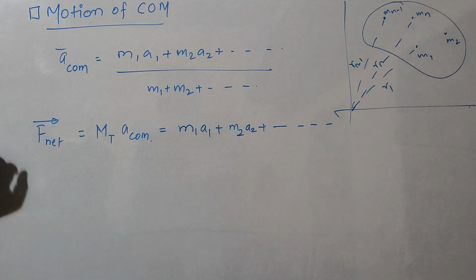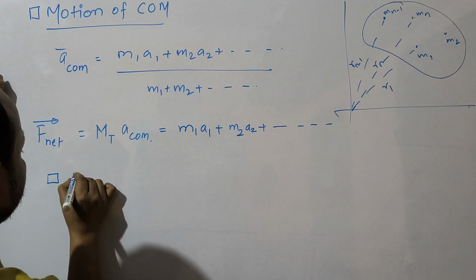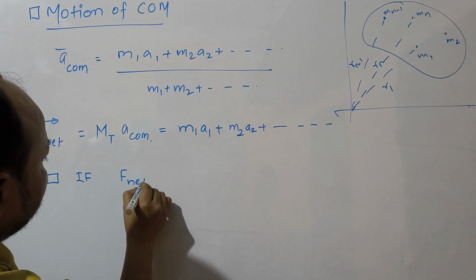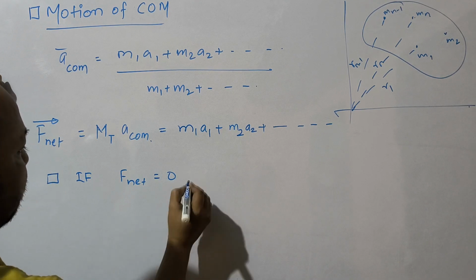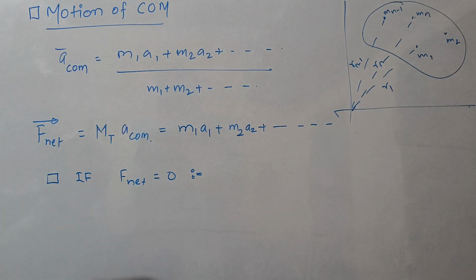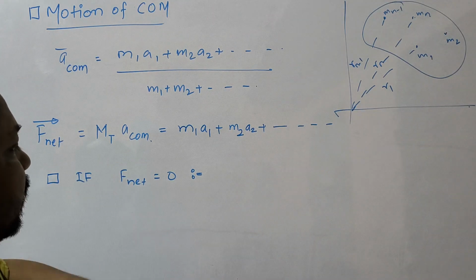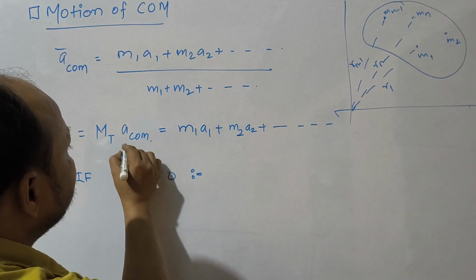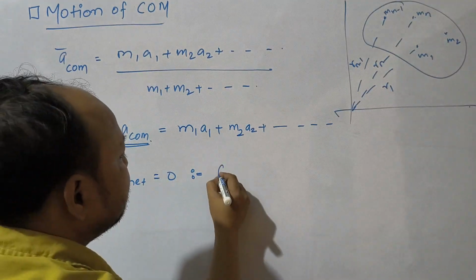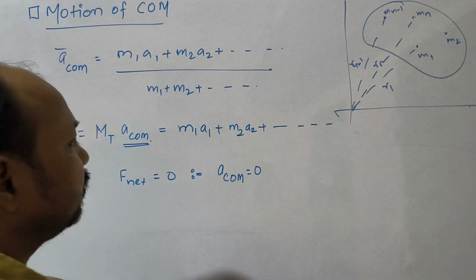So what happens if F net is equal to 0? What can be said about center of mass? Obviously the acceleration of the center of mass will be 0.